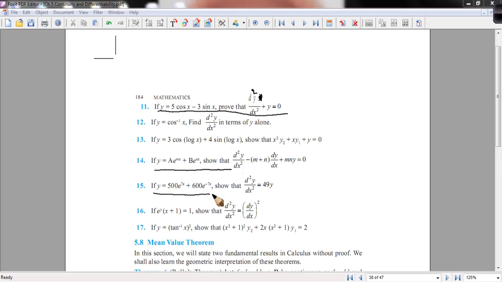If y is equal to 500 times e power 7x plus 600 times e power minus 7x, show that d square y by dx square is equal to 49y.